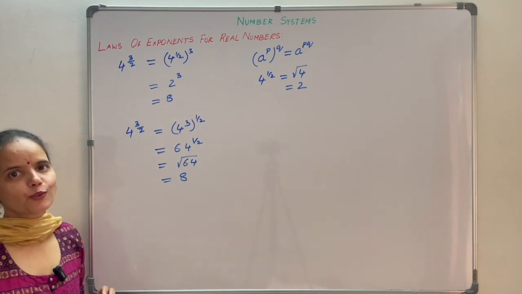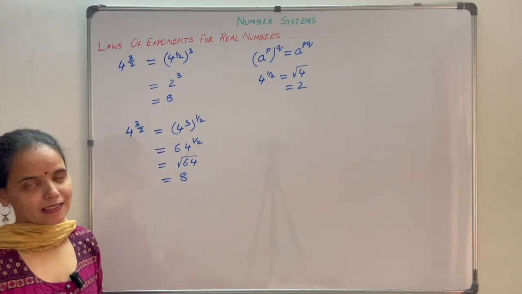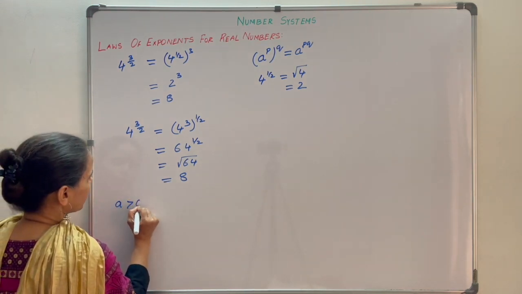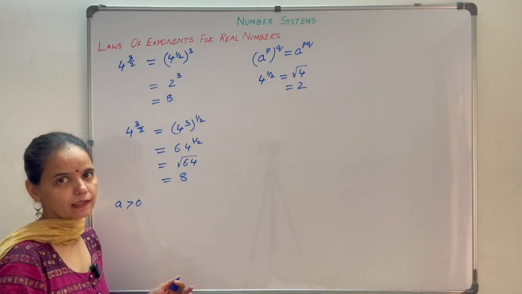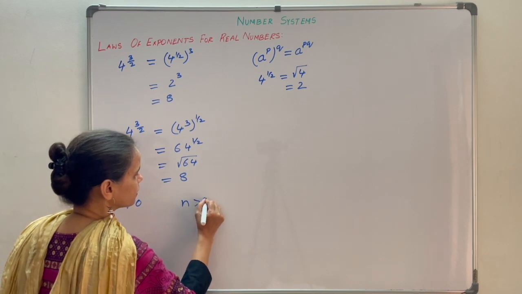Using this, we have the following definition. Here A is a real number which is greater than 0, and M and N are integers which have no common factor other than 1, and N is also greater than 0.